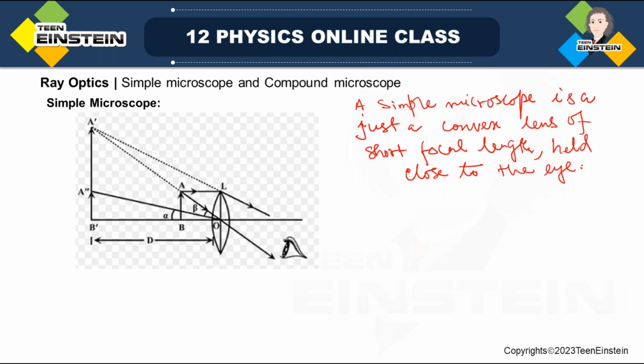Now, in the exam also, you have to find out the magnifying power of a simple microscope. There are two conditions. First, when the final image is formed at the least distance of distinct vision.